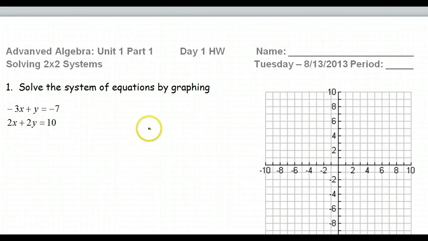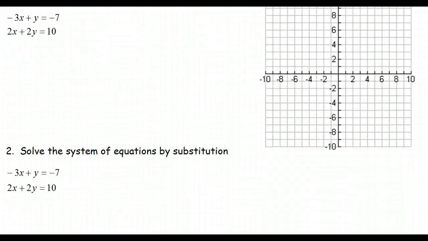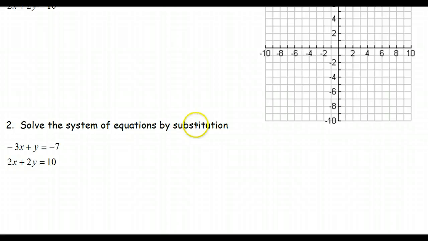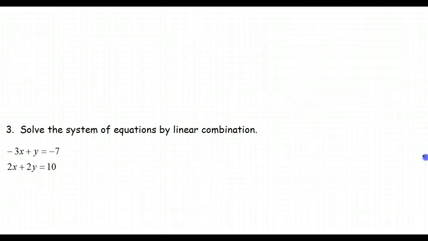Alright, this is the day 1 lesson in our unit where we're working on solving systems of equations. And we've learned so far 3 ways of solving systems of equations, and they are graphing, substitution, and elimination, which is also called linear combination.